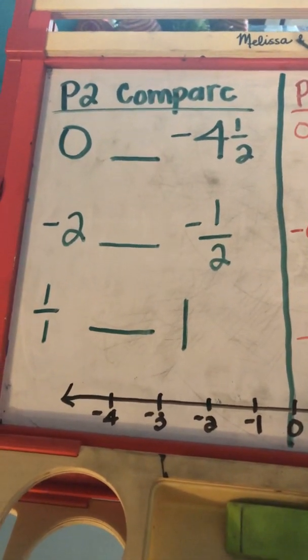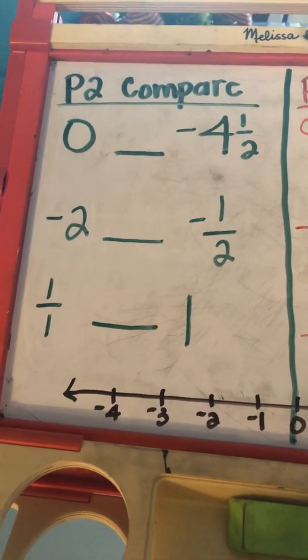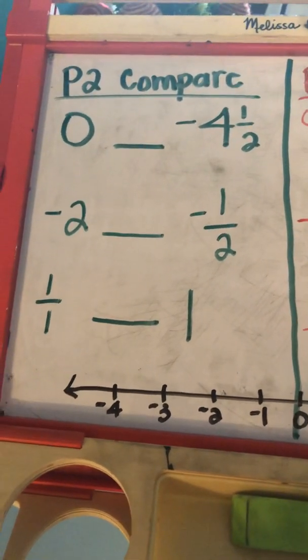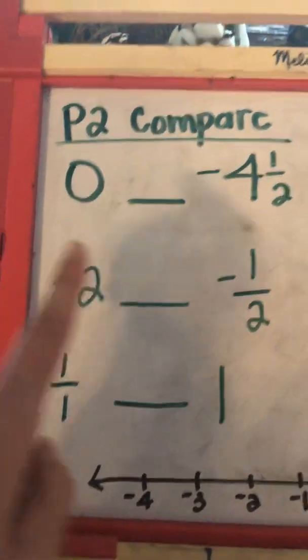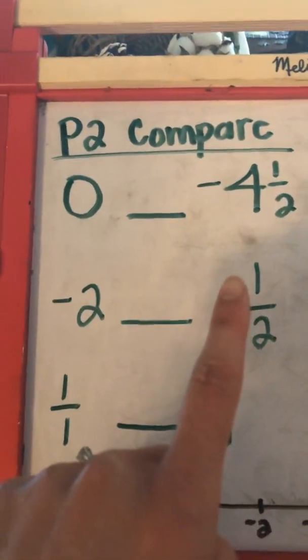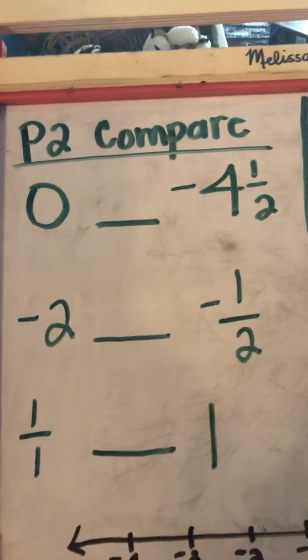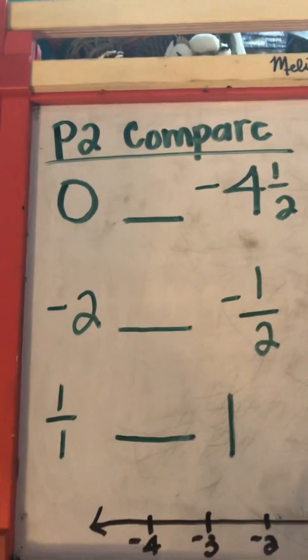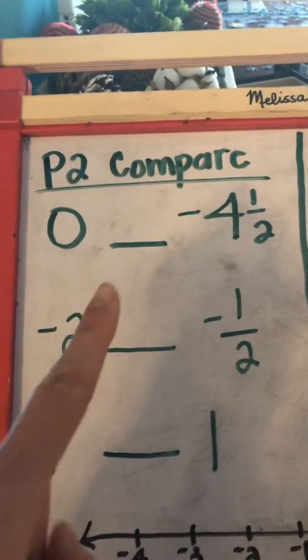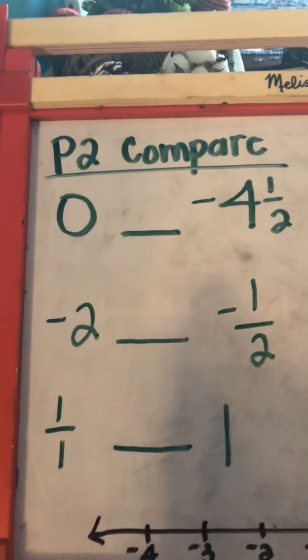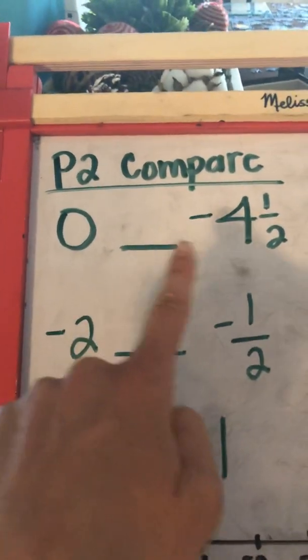So P2 is your first skill today, and it is comparing rational numbers. It's going to give you two numbers, one on the left and one on the right, and it's going to ask you to put a less than, a greater than, or an equal sign in between those two numbers. So we would just select the sign in IXL of what should go in here.